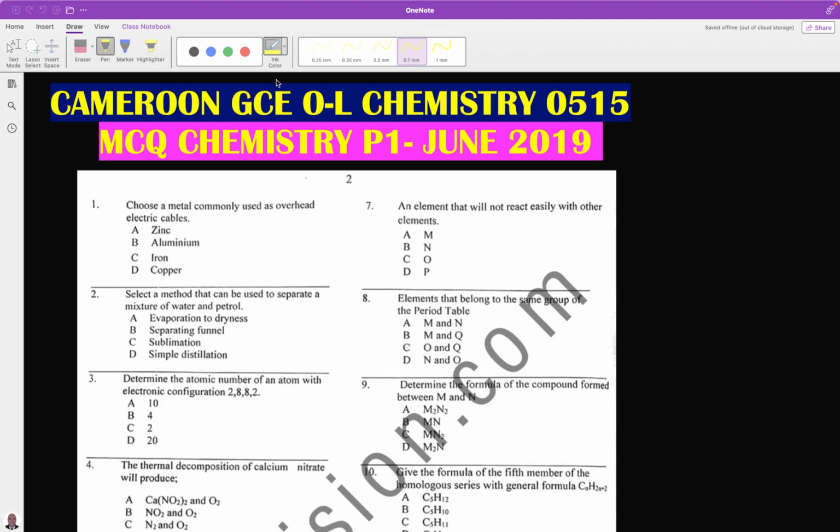The only possible way we can separate a mixture of water and petrol is by using a separating funnel, since petrol floats on water. B is the correct answer.